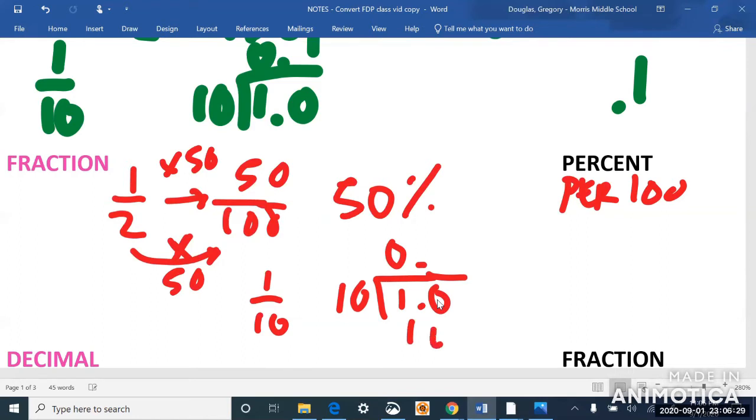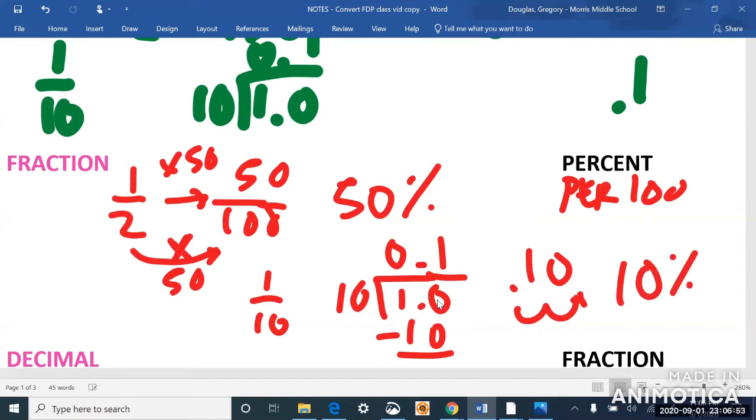And 10 goes in 1 time. 0.1, 1/10. 1/10 means 0.1, okay? So now you have 0.1. You can change a decimal to a percent by moving the decimal place 2 spaces. So that 0.10 becomes 10%.